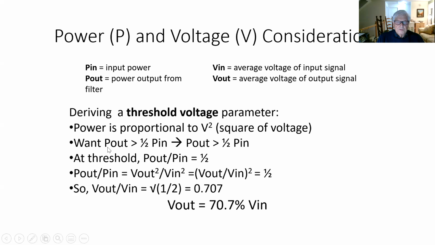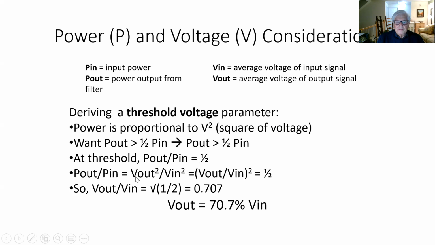And we want to find that point at which the output power is half the input power. So half of Pin has to be smaller than P out, okay? Or P out needs to be greater than half of the input power. So the ratio of P out to P in is a half.